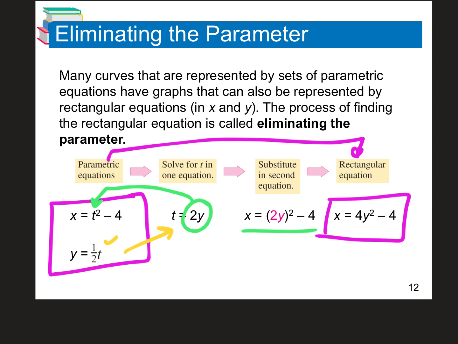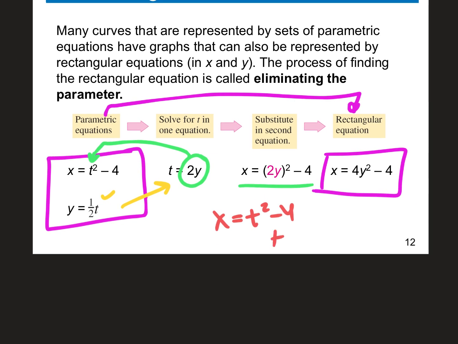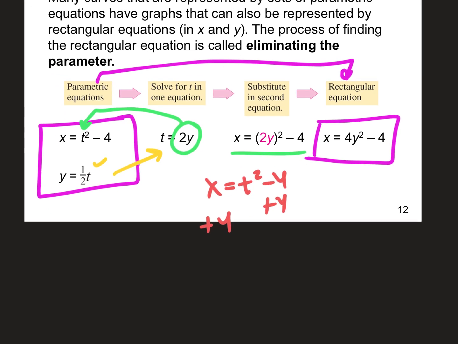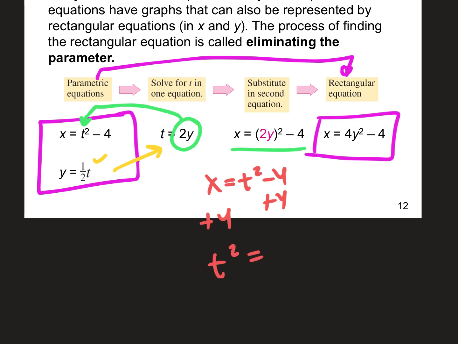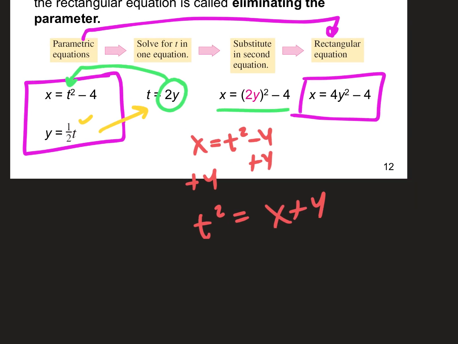You could have solved the first example. If you wanted to solve this one, how would we get t by itself? Well, you'd have to add 4 to both sides, right? So you have t squared equals x plus 4, and then do what? Take the square root. When you take the square root, guys, what goes in front of your answer? Plus or minus.